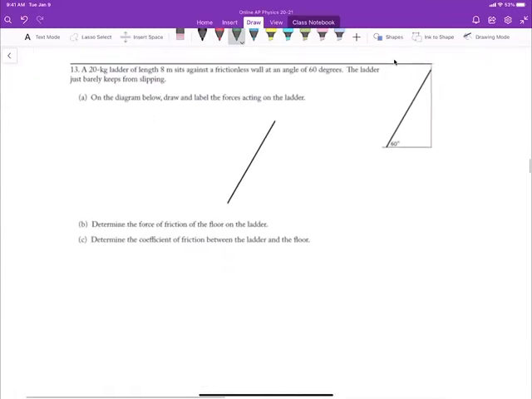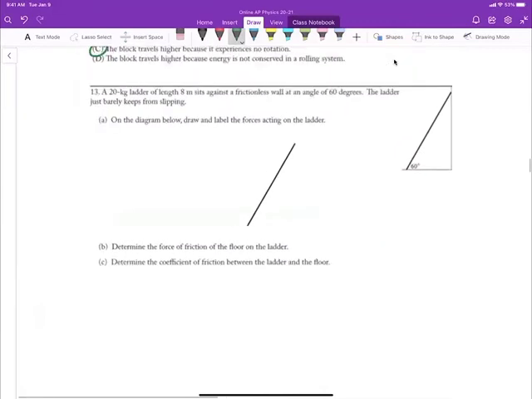I have a 20 kilogram ladder of length 8 meters that sits against a frictionless wall at an angle of 60 degrees. The ladder just barely keeps from slipping. In other words, it sounds like it's at slipping. So we want to draw on the diagram.